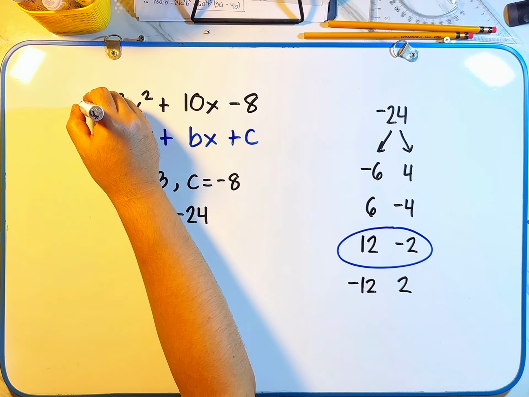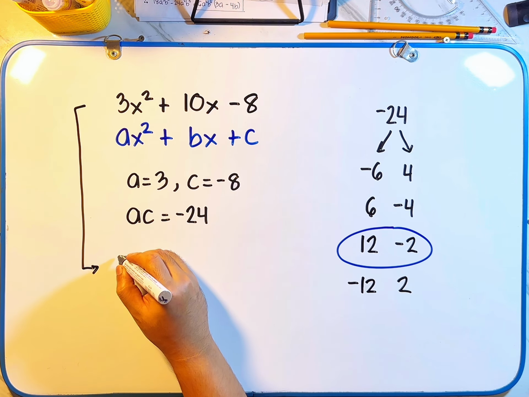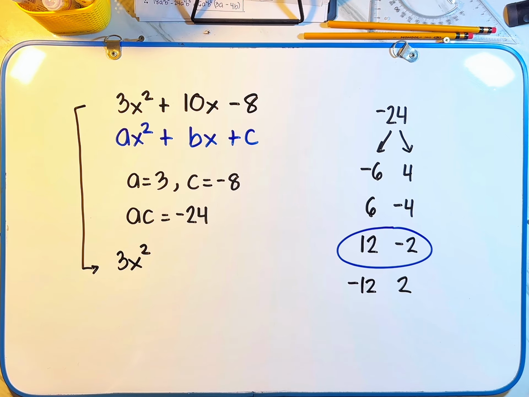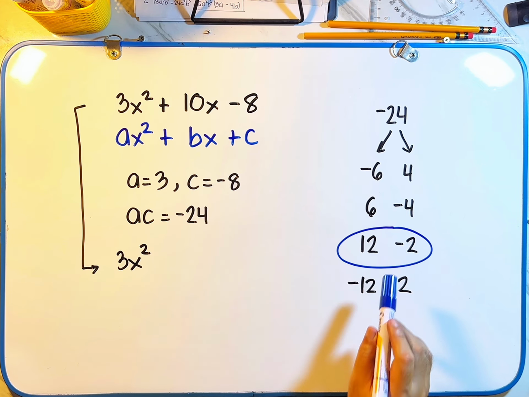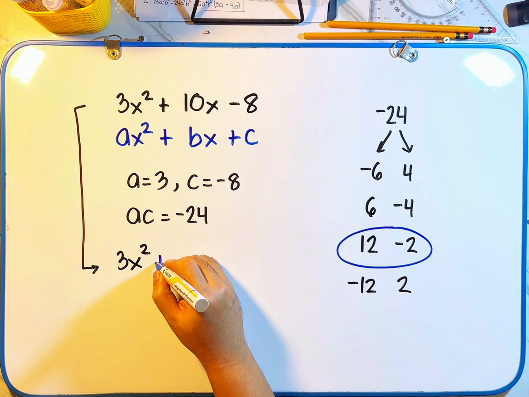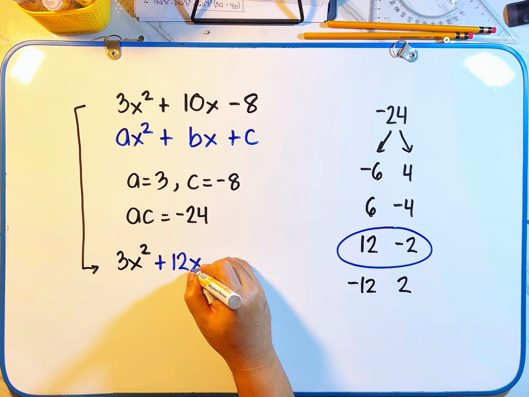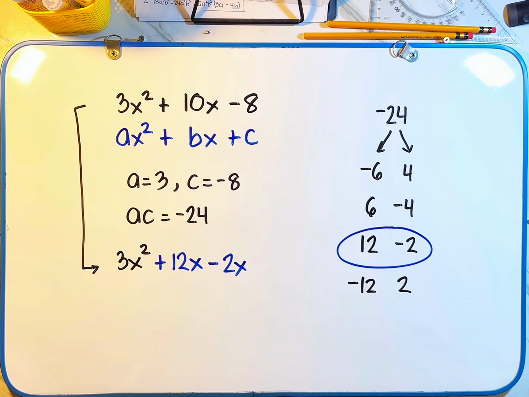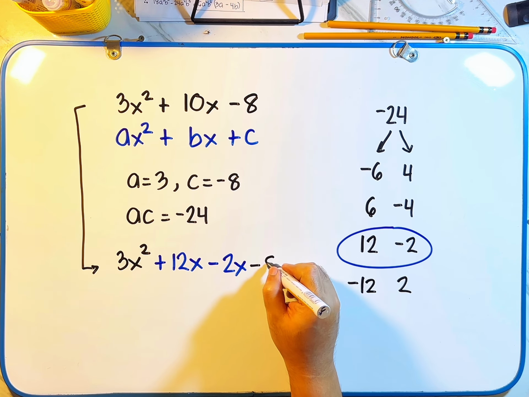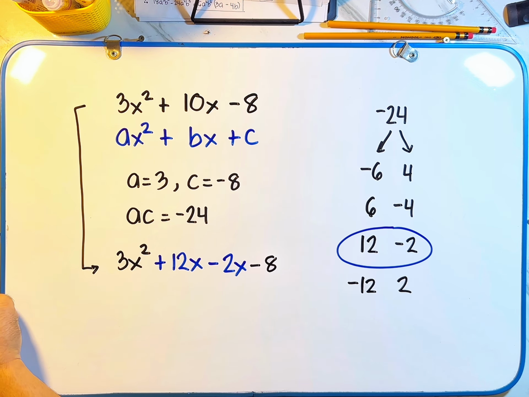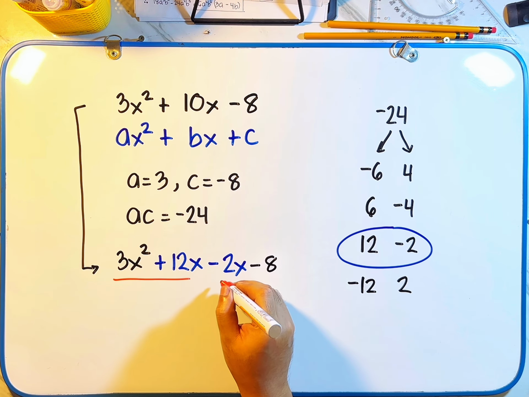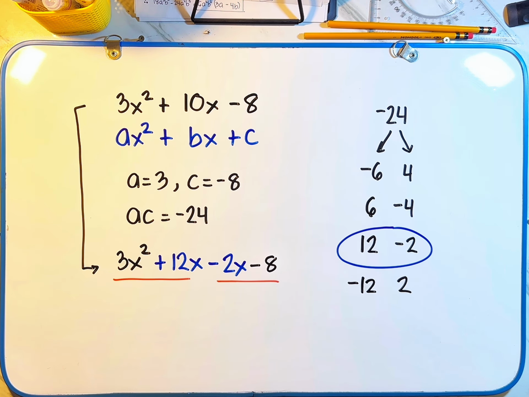Therefore, let us write 3x squared, and then instead of plus 10x, use this. So plus 12x and then minus 2x. Let's proceed. Minus 8.